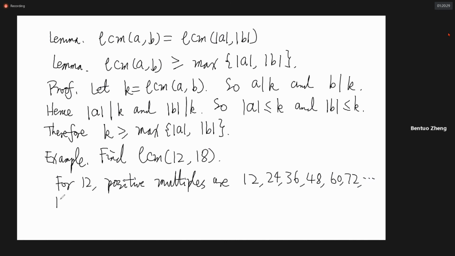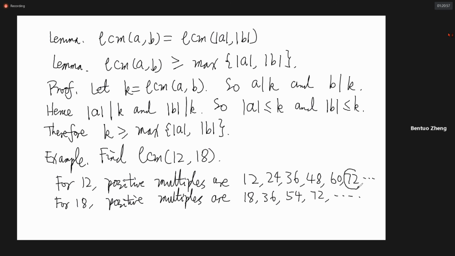And for 18, the positive multiples are 18, 36, 54, 72, and you can keep going. You just check both lists to find the smallest common multiple. Here, this is 72. So the least common multiple of 12 and 18 is equal to 72.